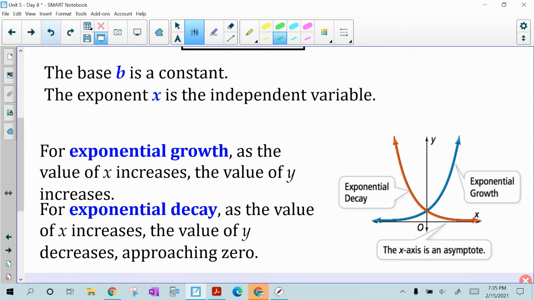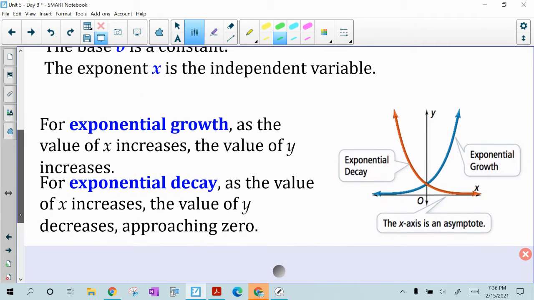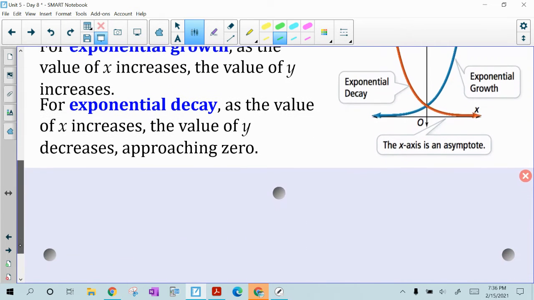On the other hand, when we are doing exponential decay, as our x values are increasing, our y values are decreasing, but the rate at which they are decreasing is actually decreasing also. It's not staying at a constant slope. And that's the thing that's really different about exponential functions, is you don't have that constant slope that we really like and are very comfortable with.